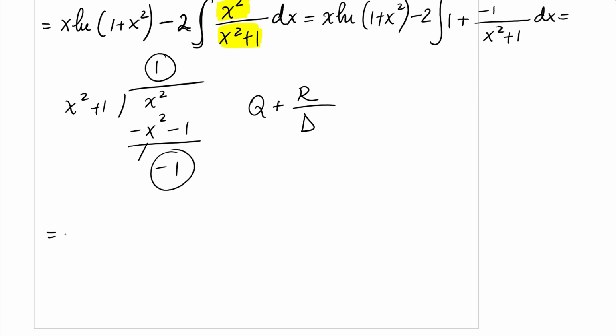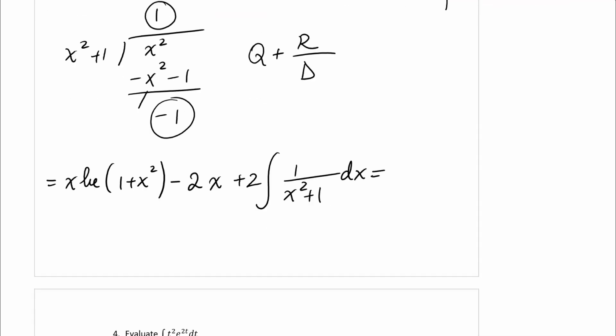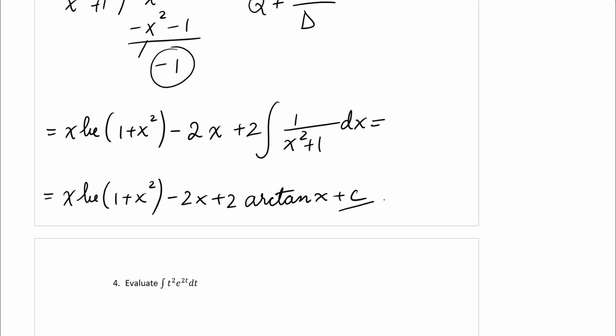We copy the x ln of 1 plus x squared minus 2 times the integral of 1, which is x, and then plus 2 times the integral of 1 over x squared plus 1 dx. The integral of 1 over x squared plus 1 dx is already a formula. It's arctangent of x plus c.